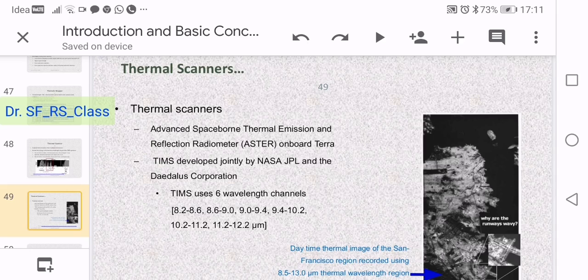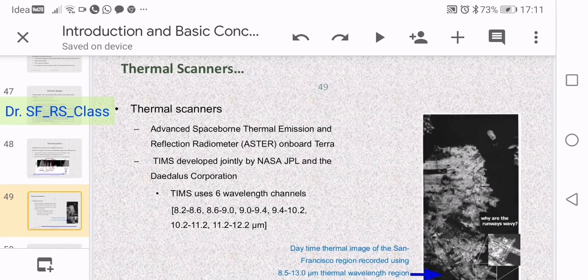And in the case of TIMS, that is the Thermal Infrared Mapping Spectrometer, TIMS by NASA is capable of sensing in 6 wavelengths, which is shown here from the 8 region to 13th regions.